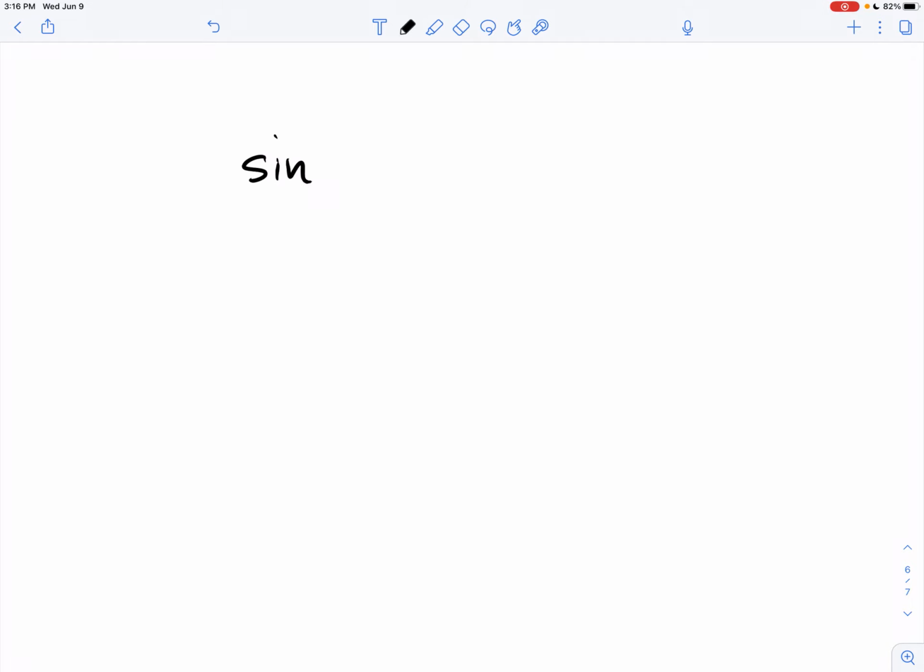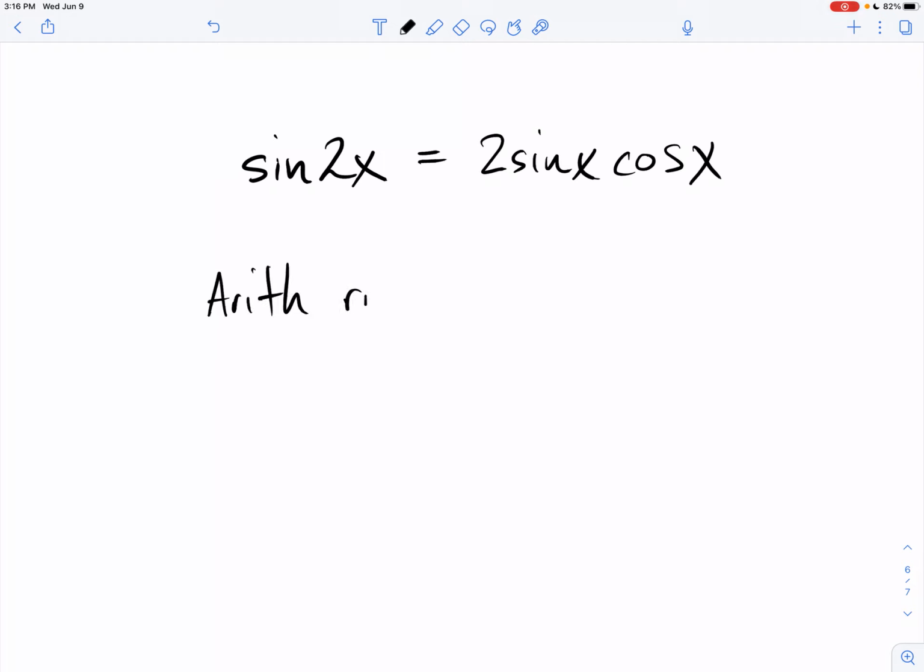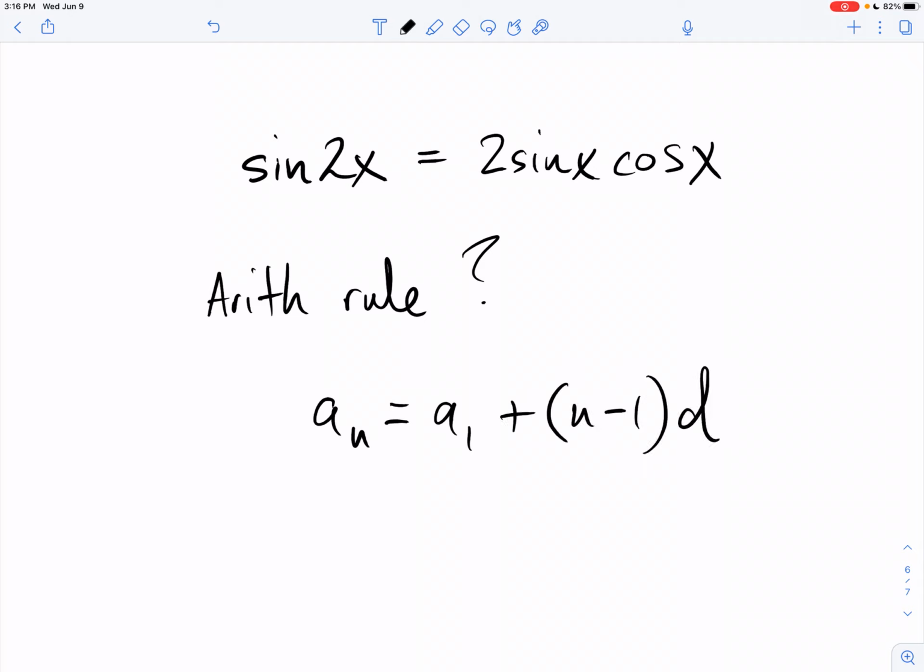You need to have stuff like, hey, I recognize you, buddy. I got a formula that I have memorized, sure do. What is the arithmetic rule? What about that, huh? You mean a sub n equals a1 plus n minus 1 times d? Yeah. All of this stuff that I told you guys throughout the trimester.